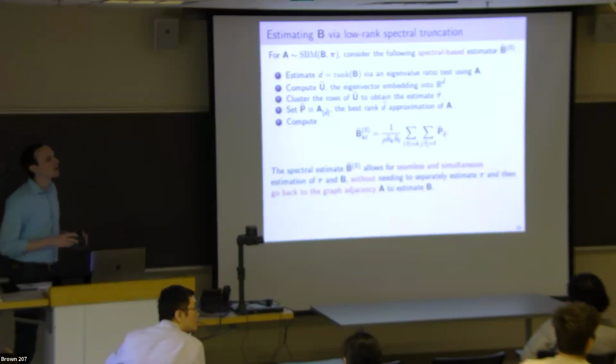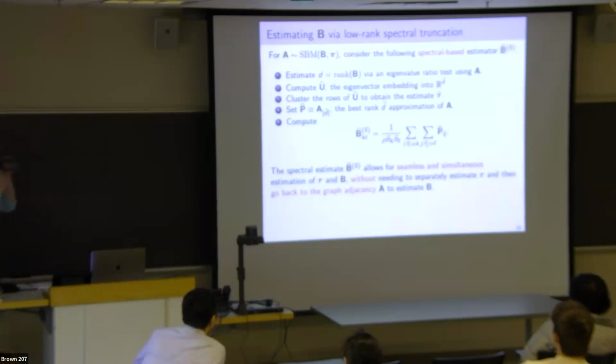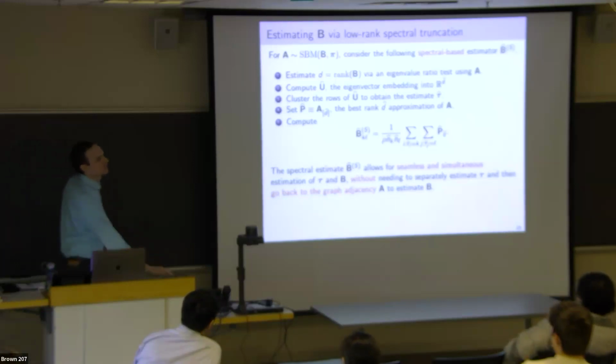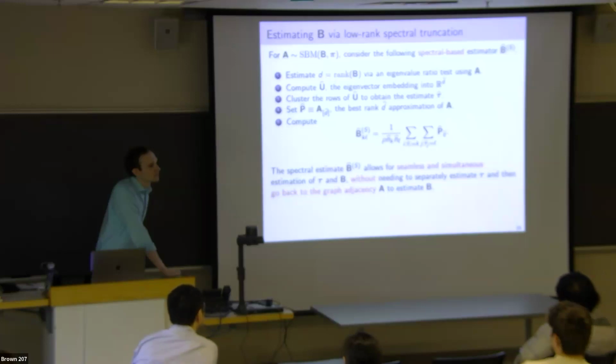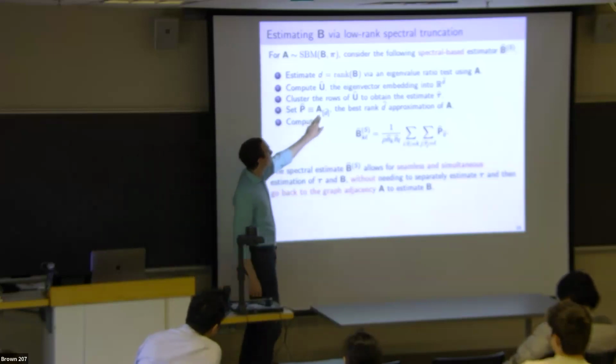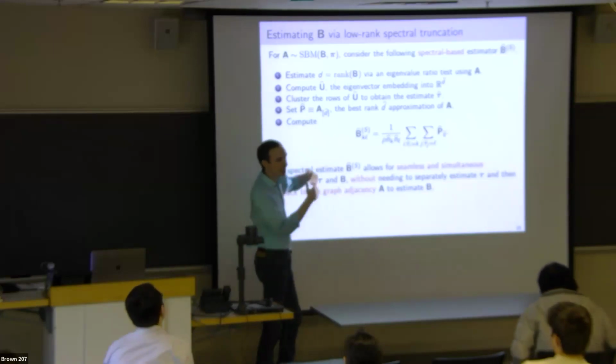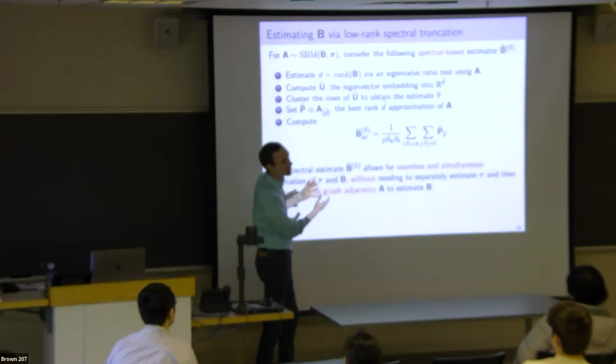Please. So steps 4 and 5 together, does that correspond to a, let's see. I want to somehow say that once I've clustered the rows, maybe then I try to project onto the set of matrices with the corresponding structure. Well, you're kind of projecting A onto its leading eigenspace, which just gives you the low rank truncation. Right.